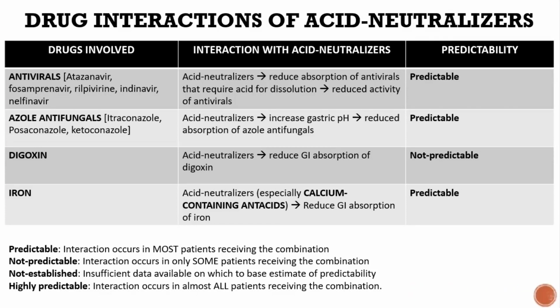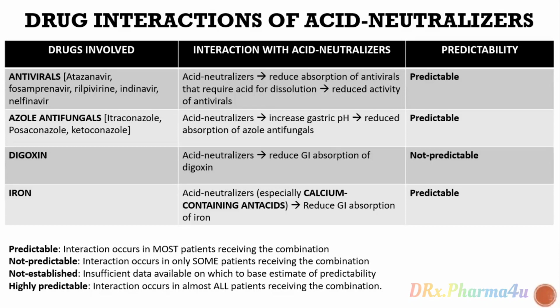If acid neutralizers are used with iron, especially calcium-containing antacids, then the GI absorption of iron is inhibited. Please remember all these interactions that I'm talking about apply to only oral formulations and not IV or IM formulations. Because whenever you are taking a tablet or a capsule, it goes into your stomach and definitely acid content is there in the stomach.